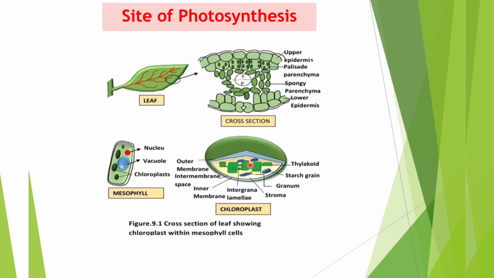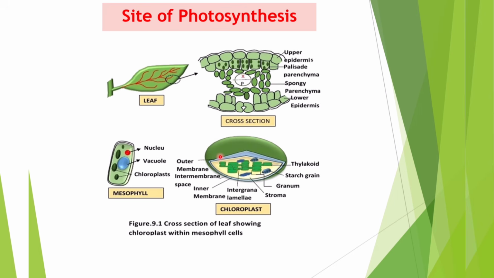Each coin is called a thylakoid, and together they are called a granum. This structure is a colored lamellar system. Sometimes one granum is connected with another granum by means of a membrane called the stroma lamellae. Now let us discuss in detail.